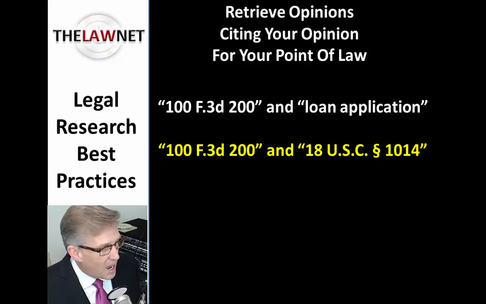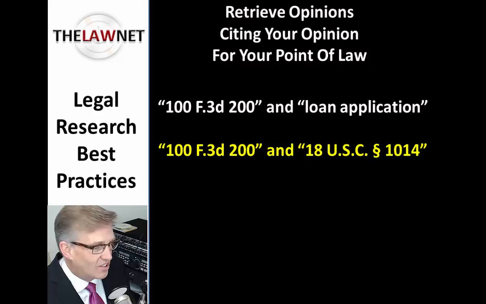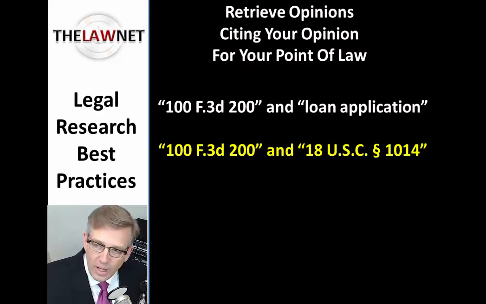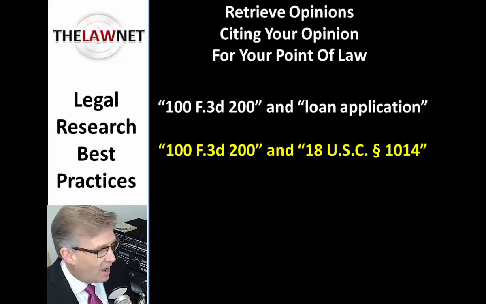So by asking the search engine to return only those cases that cite the statute, rule, regulation, constitutional amendment you care about, you are simultaneously weeding out all the opinions that cite your case for points of law you don't care about. And we call that a hot list.